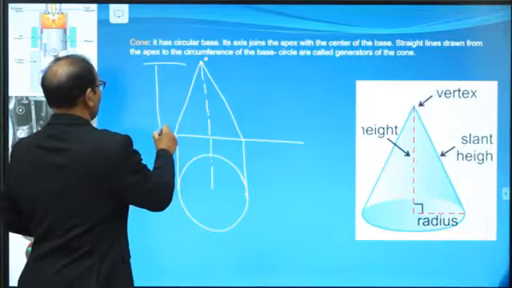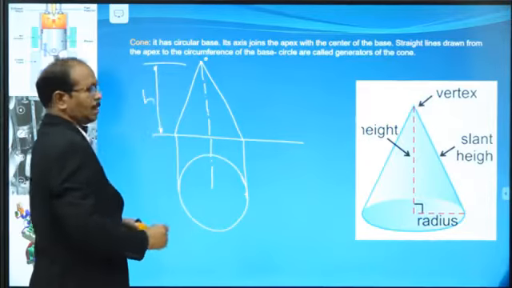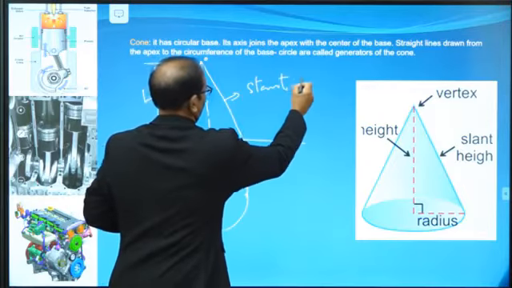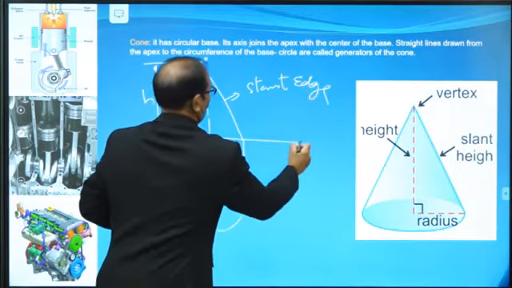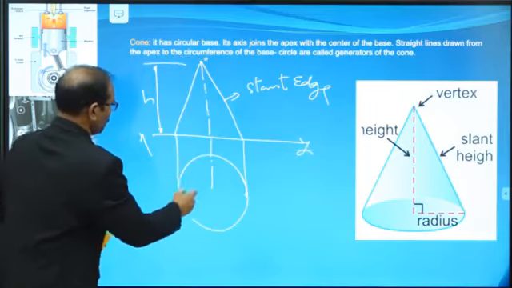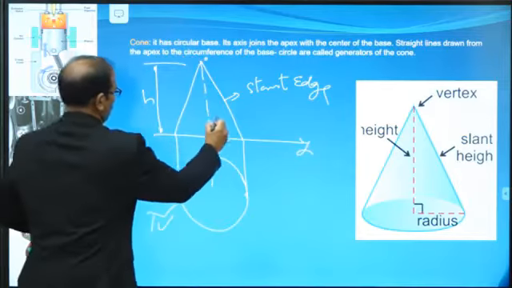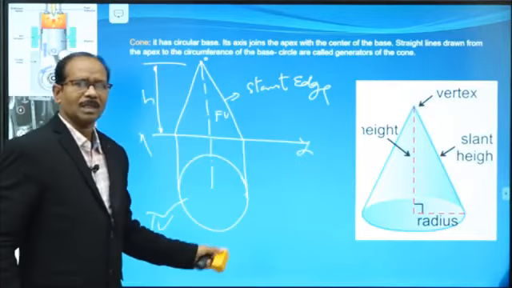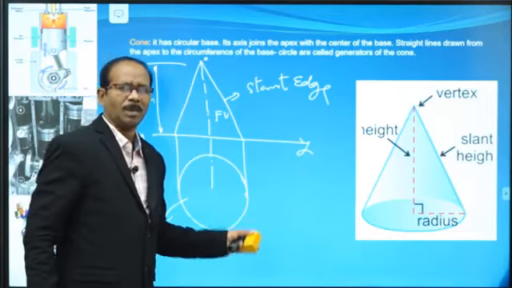This we can call the axis height, and this is called the slant edge. Now this is the XY line, this is the top view, and this is the front view.